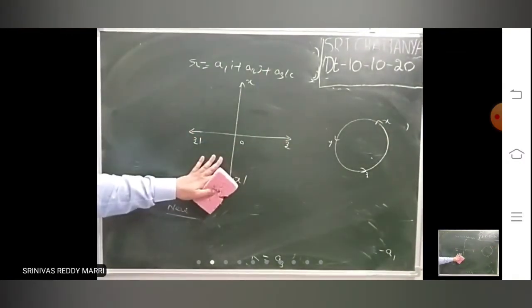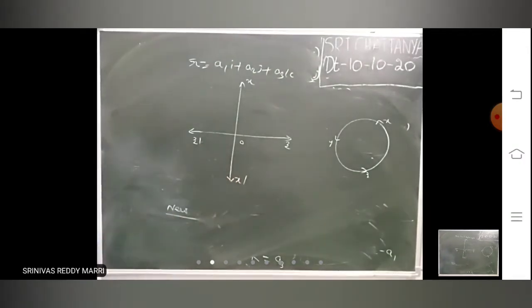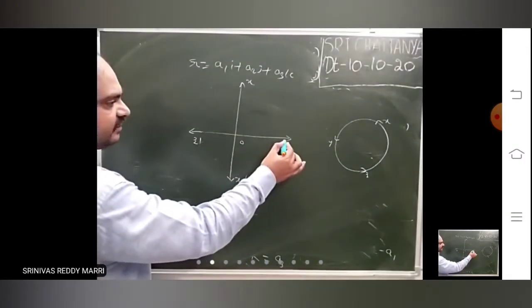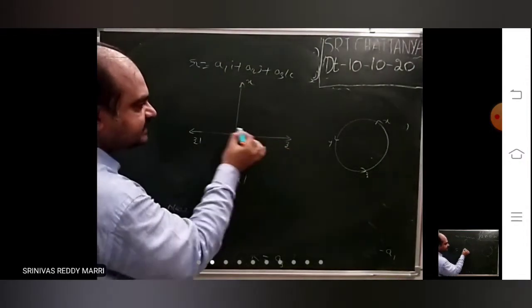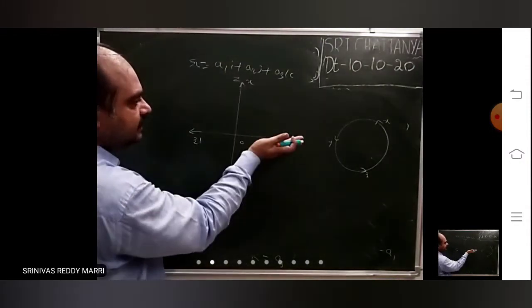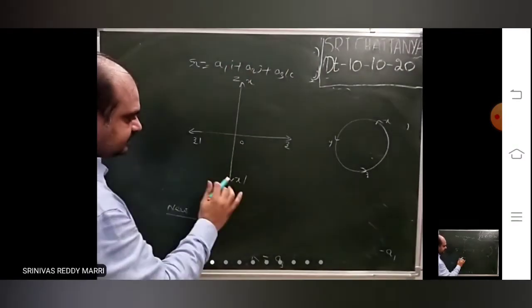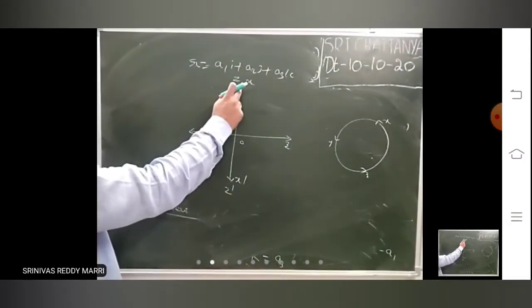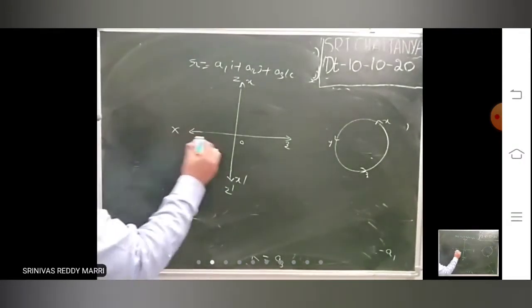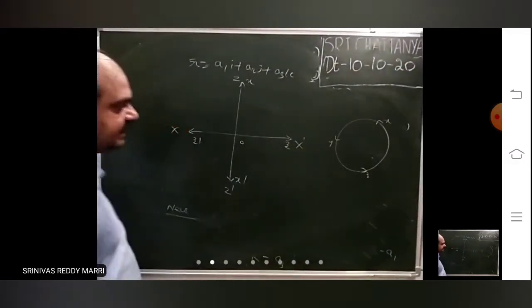This is the position. The y-axis will not change. So it is rotated. This is z, this is the rotated z, z dash, the new z-axis. The new x-axis is the rotated one, capital X dash.